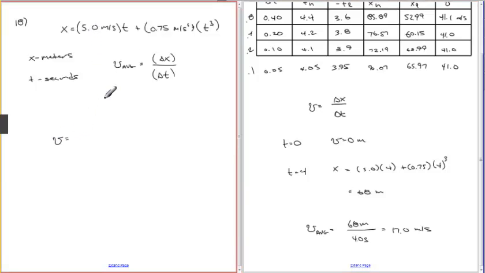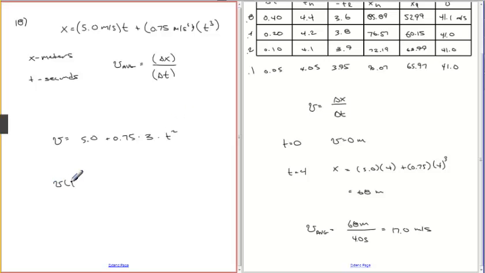The derivative of this expression we'll find out is 5.0 plus 0.75 times, we take the exponent 3 and multiply by t squared. So we reduce the exponent by 1 and multiply by the exponent. That will be the velocity.